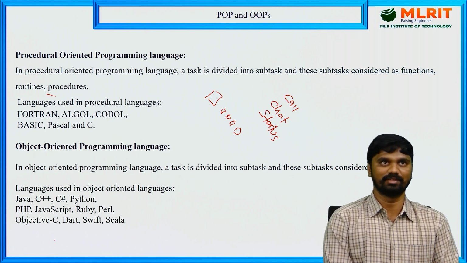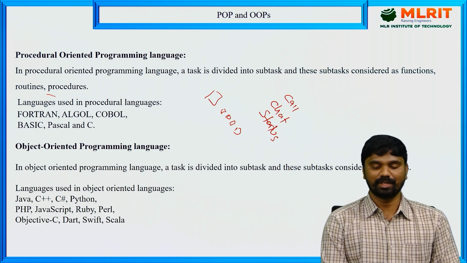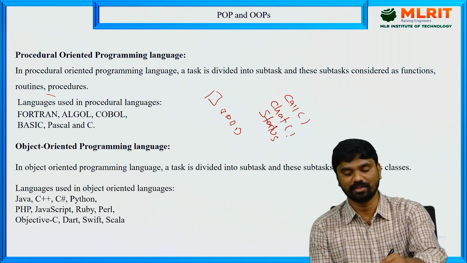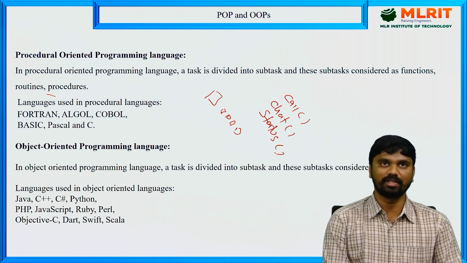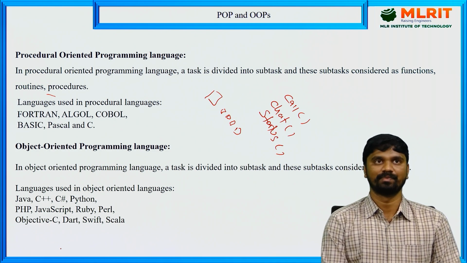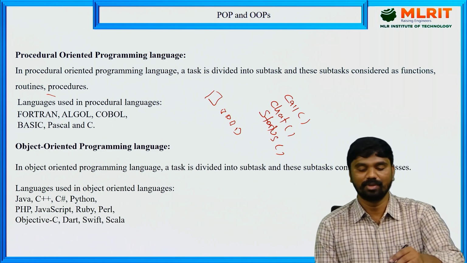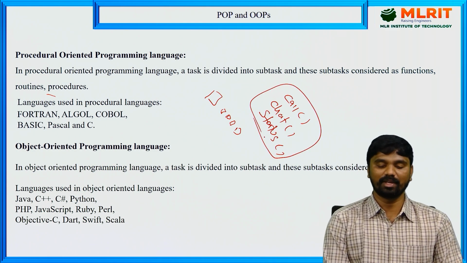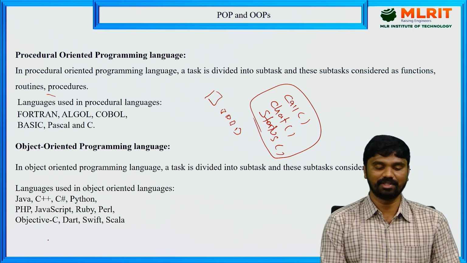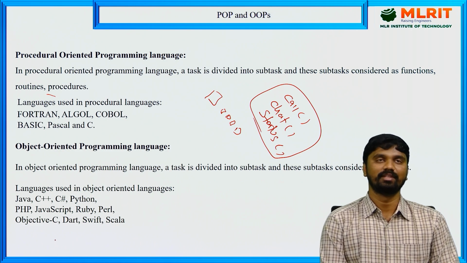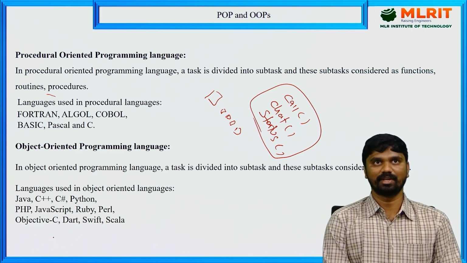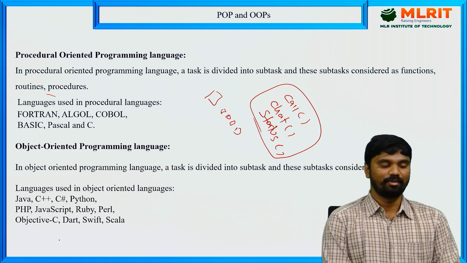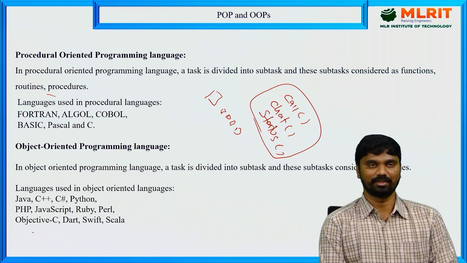Now these subtasks are considered as functions, or routines, or procedures, or subroutines. That means we are going to develop the application using functions. So that is called a procedural oriented programming language, and sometimes it is also known as a functional oriented programming language.